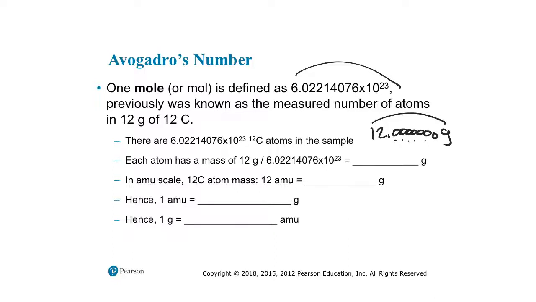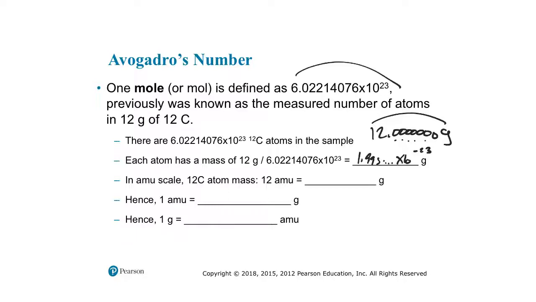This is kind of like an exact mass, if you will, or a number that used to be considered exact. So it's a nearly exact number. Divide by Avogadro's number, and that gives us 1.993... times 10 to the minus 23 grams. Okay, so each carbon atom has this particular mass in grams.